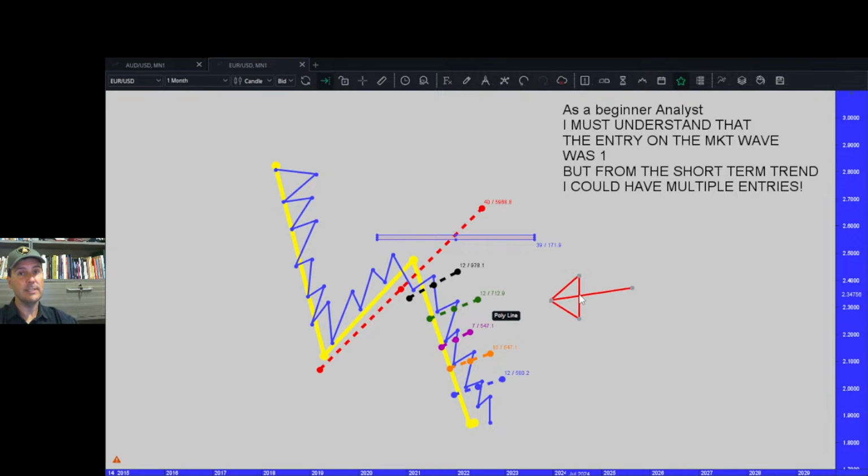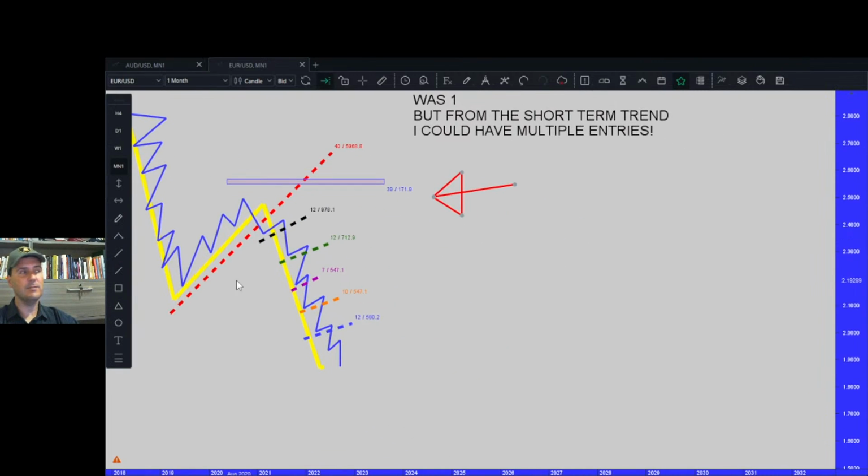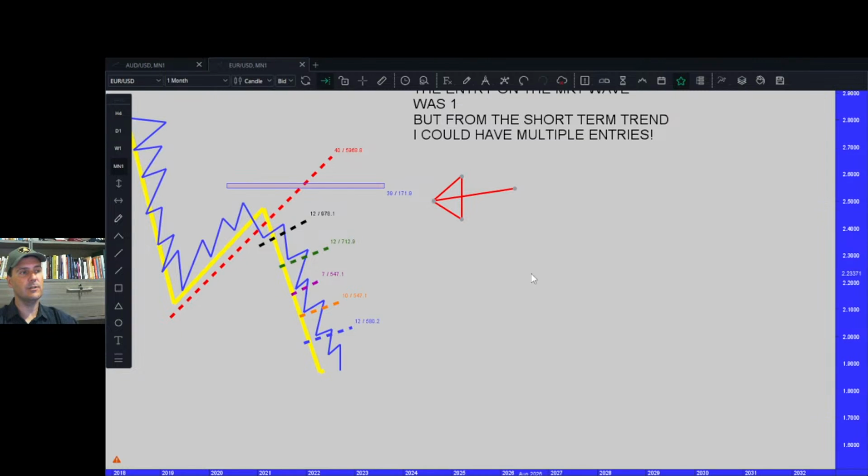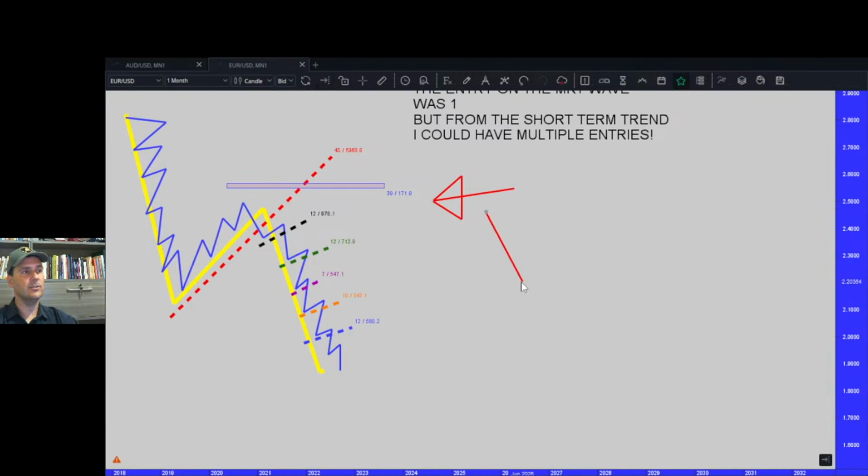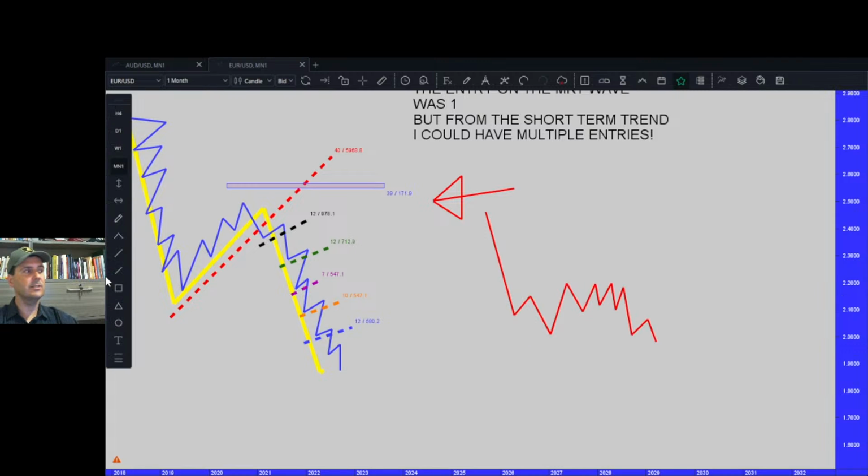Who told you this is the safest place? Make sense? I've seen this done to countless people: this would be the market, and the market does something like this, and the guy enters here and puts the stop loss up in here. Make sense, everybody?